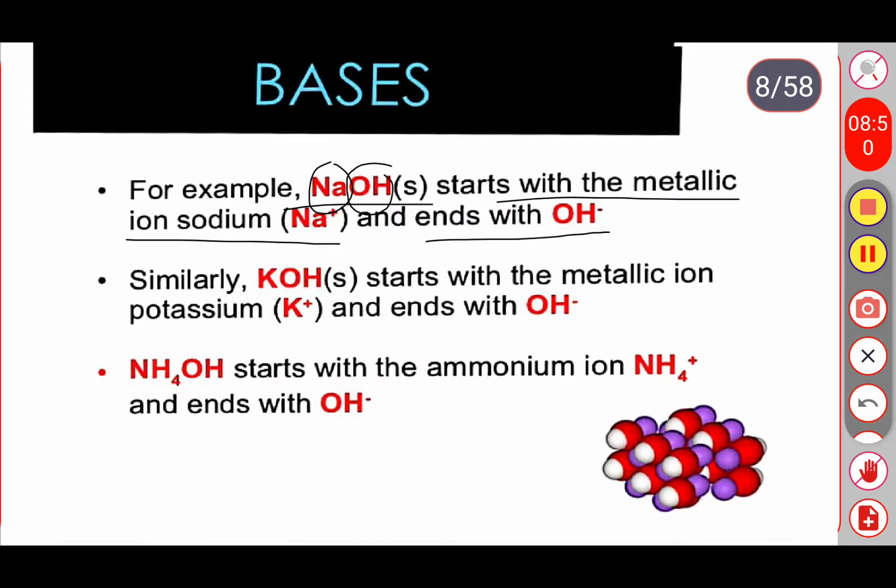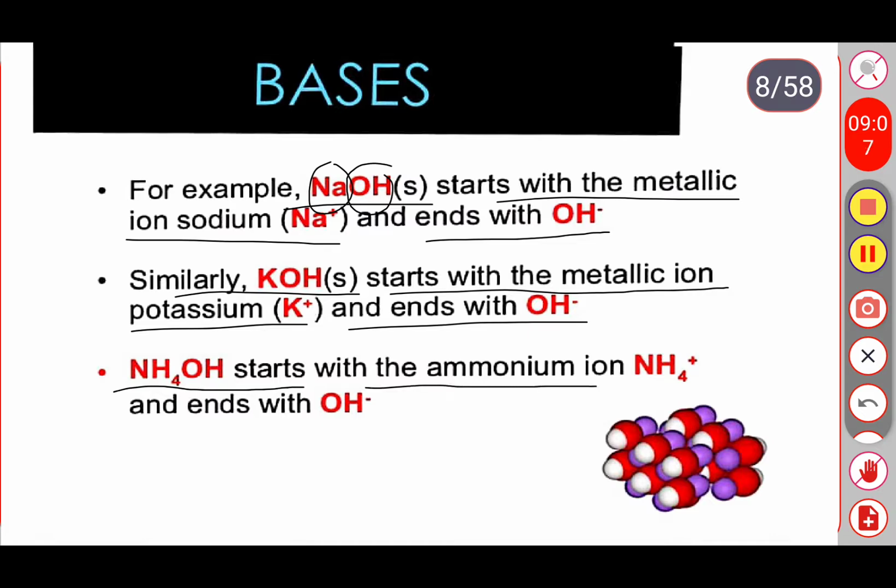Similarly, potassium hydroxide starts with a metallic ion, potassium, and ends with OH minus, hydroxyl, right? Ammonium hydroxide starts with the ammonium ion, NH4, a positively charged ion, and ends with the negatively charged ion, hydroxide, OH minus.